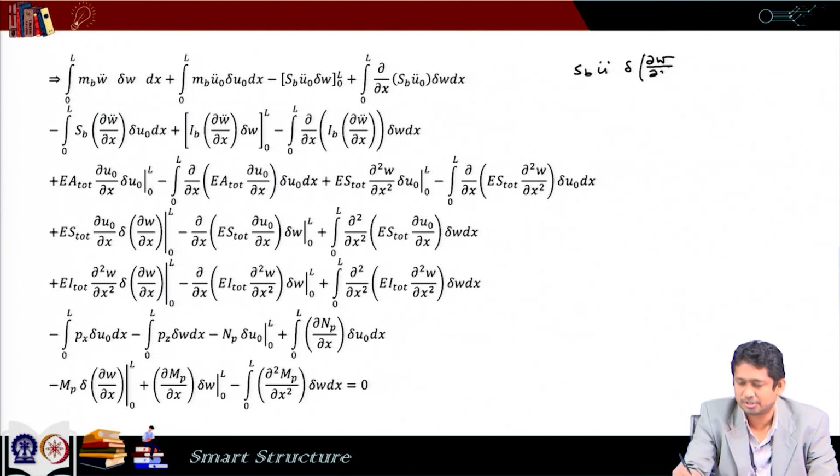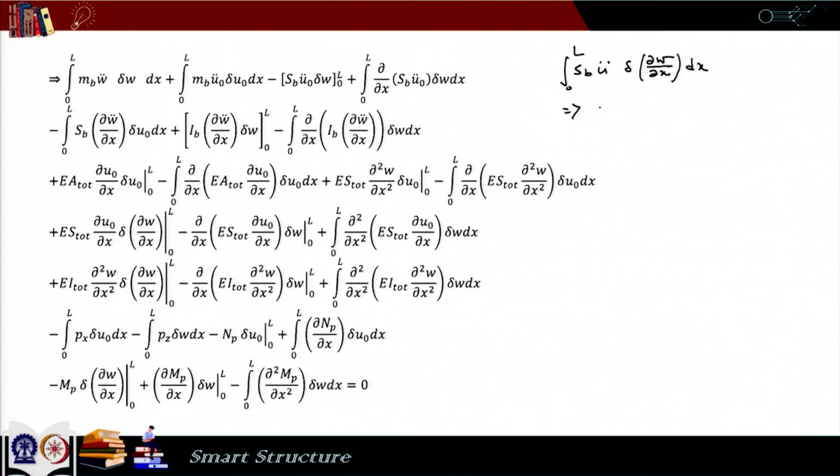And then we had a term sb u double dot multiplied by variation of del w by del x, and this was integrated from 0 to L. So, if we do integration by parts, that gives me sb u0 double dot delta w evaluated at x equal to 0 and L, minus integral of del by del x of sb u0 double dot multiplied by variation of w.